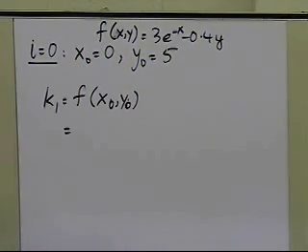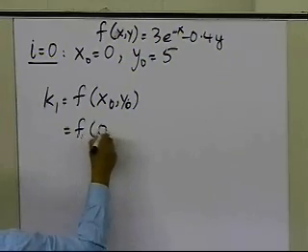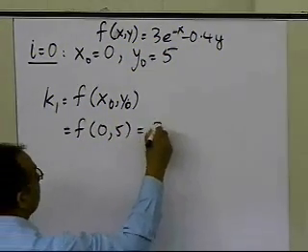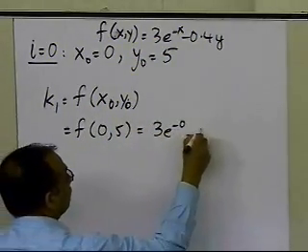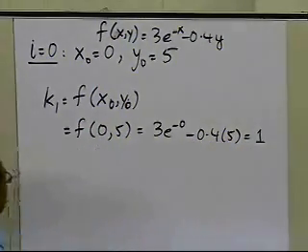So that's the function f, which we know. So it will be f at 0, 5, so that will be 3e^(-0) minus 0.4 times 5, and that gives you 1. So that's the value of k1 at x equal to 0.